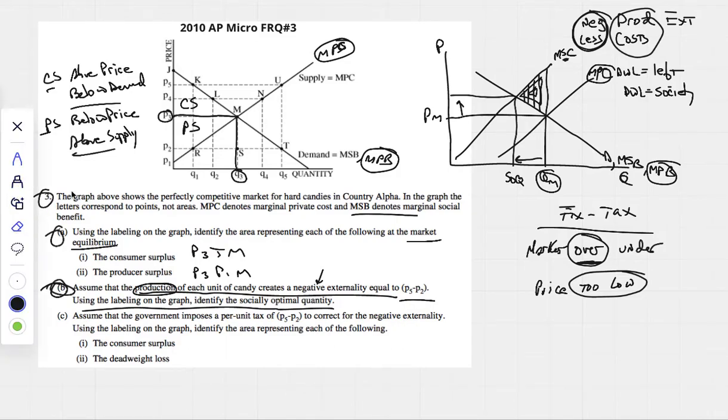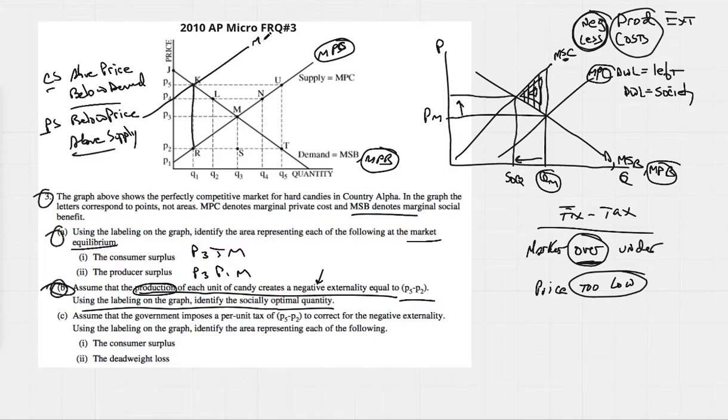So let's get rid of this, we don't really need it. They're telling us the amount of the externality, right? So the amount of the externality is this distance here. This could be confusing, but just understand that what they're showing you is this is your marginal social cost. This is your marginal private cost.